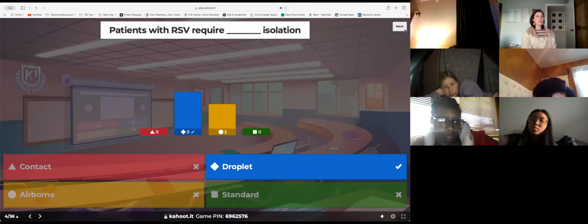Patients with RSV are going to require droplet precautions. So we spread RSV by either coming into contact with a surface that somebody has sneezed on, coughed on, or them coughing directly into your face. So gown, glove, mask, goggles, the whole shebang.